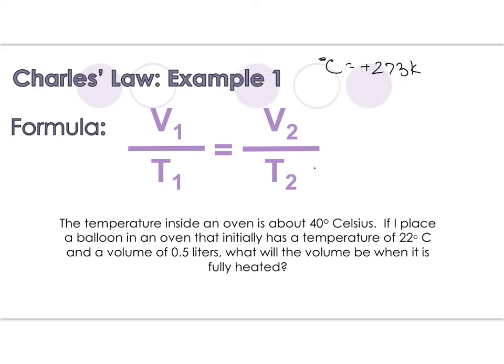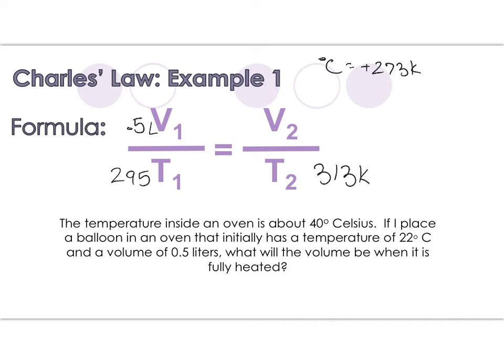I'm going to put that as our T2. The balloon initially has a temperature of 22, which in Kelvin is 295. And a volume of 0.5, which is our initial volume, goes over here for our V1.